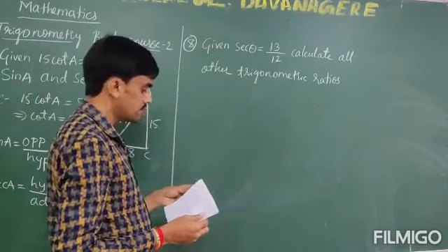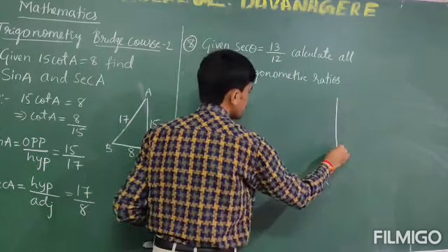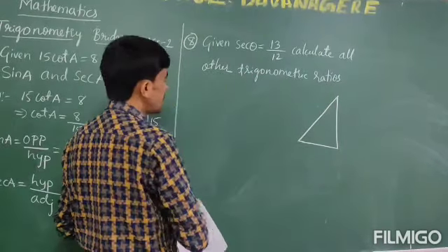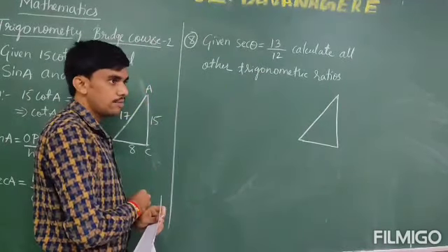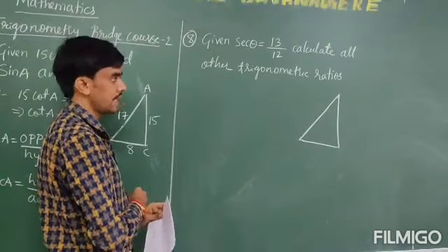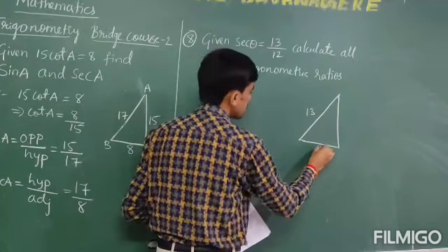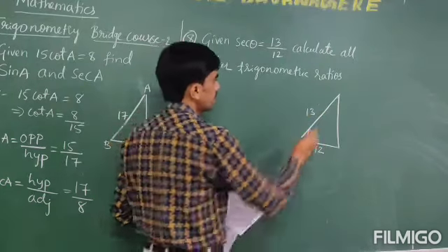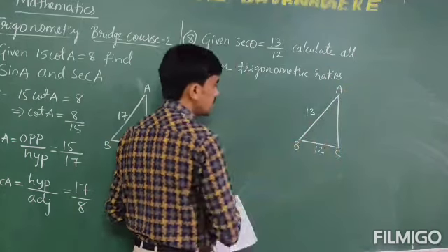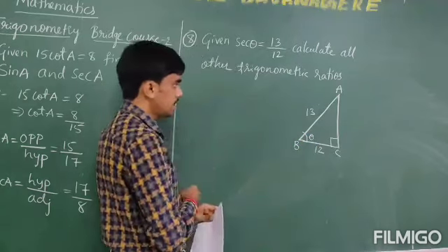So again by using a right angle triangle. The given is secant theta is 13 by 12. Secant theta means hypotenuse divided by adjacent side. So hypotenuse is 13, adjacent side is 12. So here we have to find the value of AC. This is theta, this is 90 degree right angle triangle.